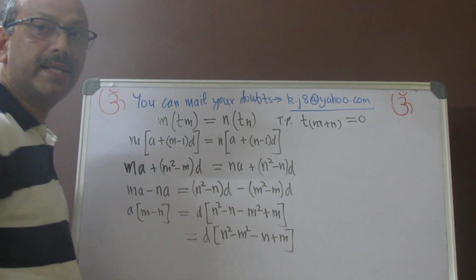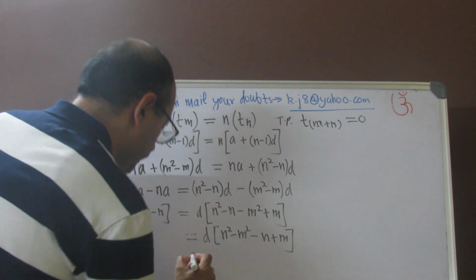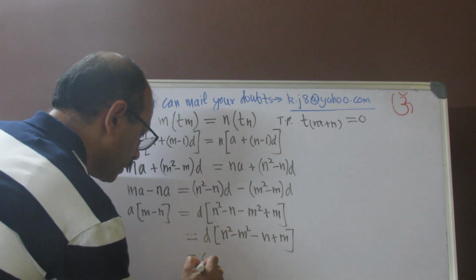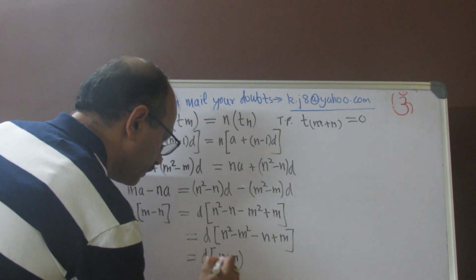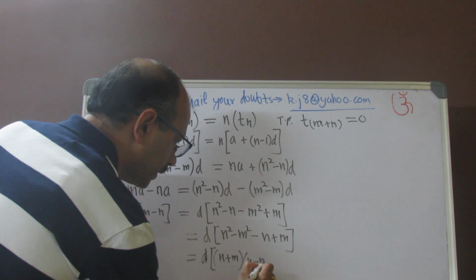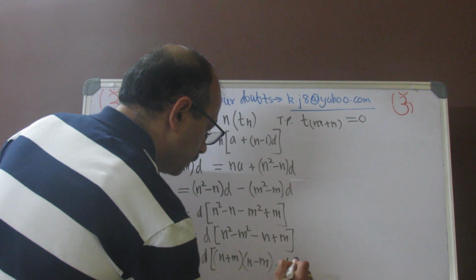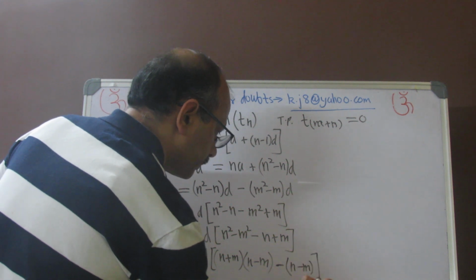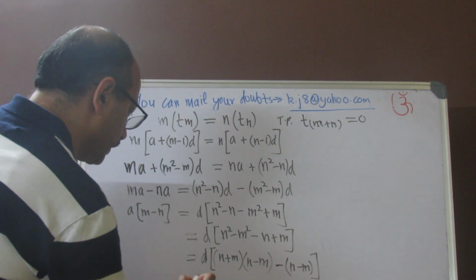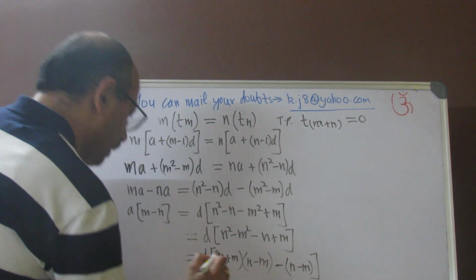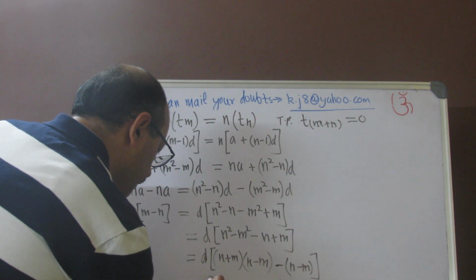Now N square minus M square, it is A square minus B square, which can be written as D into N plus M into N minus M, and then here it is minus common, minus N minus M. So what we get now is, now we take N minus M common.